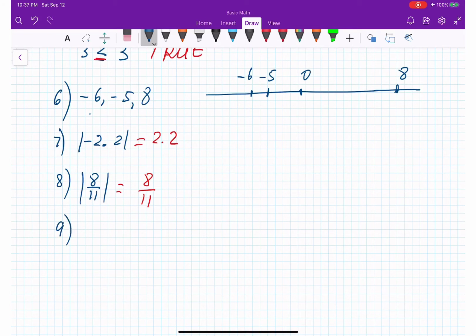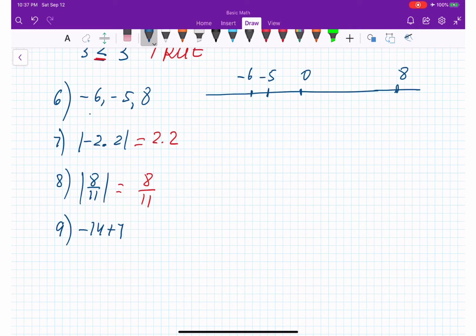Number 9. We need to learn how to add real numbers. Let's say negative 14 plus 7. Although it says add, when we have different signs, see 14 is negative, 7 is positive, then what we do, realistically, we subtract, period.